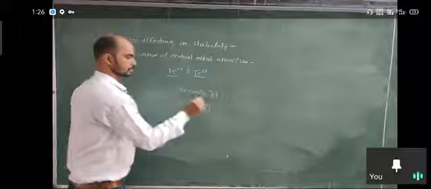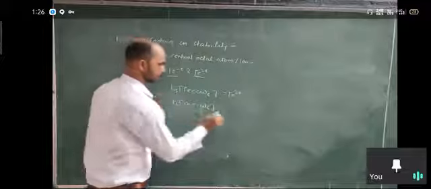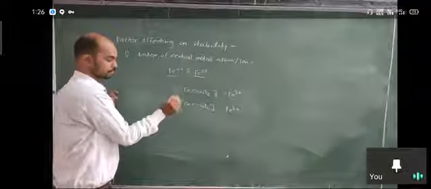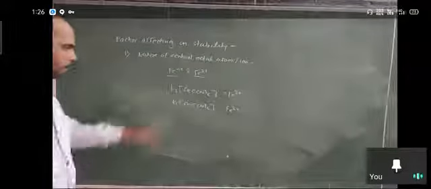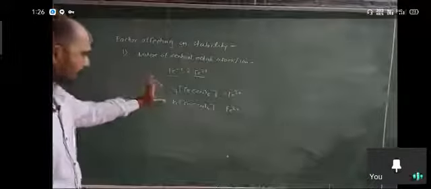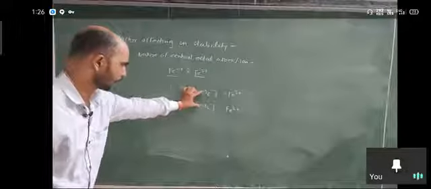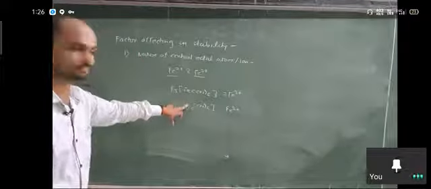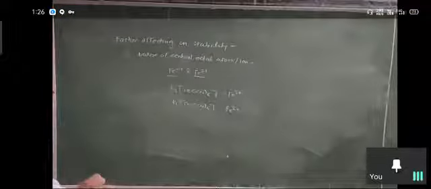In the first, the Fe is present in the Fe 3 plus state. In the second, Fe is present in the 2 plus state. Potassium ferricyanide, potassium ferrocyanide. Which is most stable? Here the potassium is present, Fe present, ligand also same, means this will depend on the nature of the central metal ion and their size, means what is the charge to radius ratio.